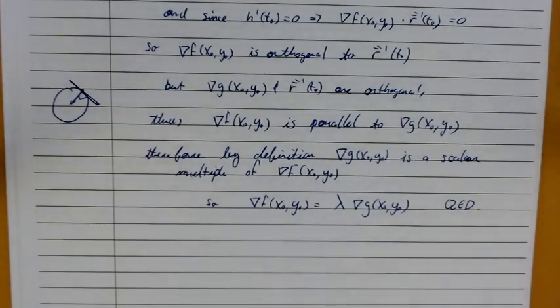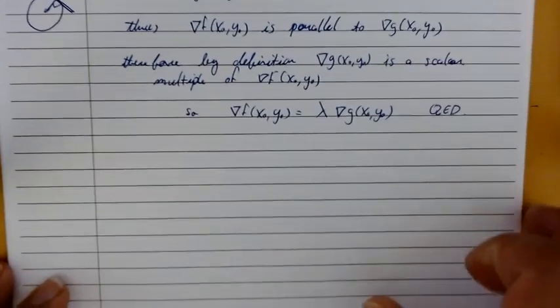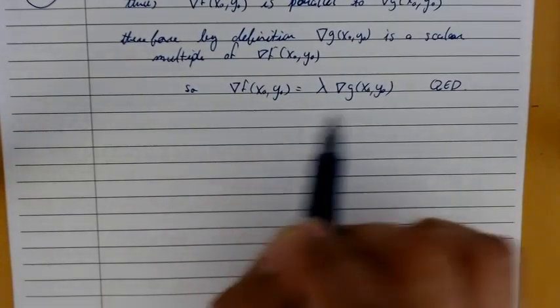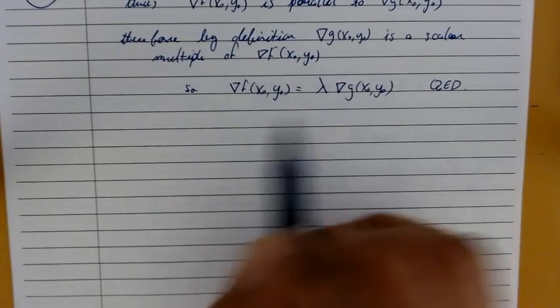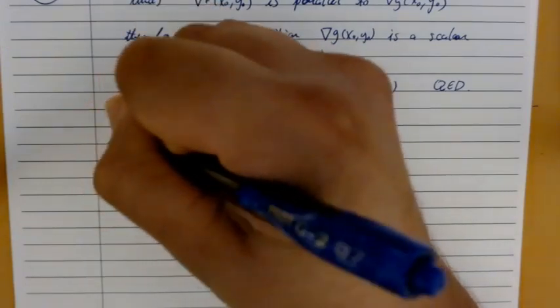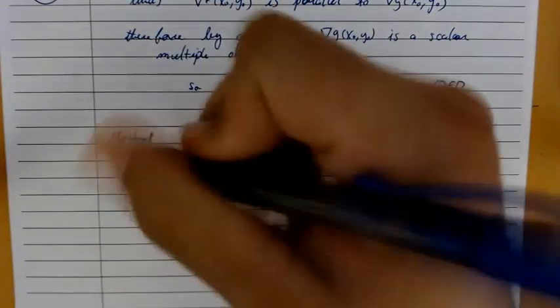So now let's take a look at some examples of using this to find some extrema of some functions, given certain constraints. Here, we're going to use this theorem, but let's go ahead and give an algorithm as to how this should be used. Because here, this is a statement of fact. But exactly how do you use this statement? So here, this is called the method of Lagrange multipliers. Basically, using this theorem in a more practical way.